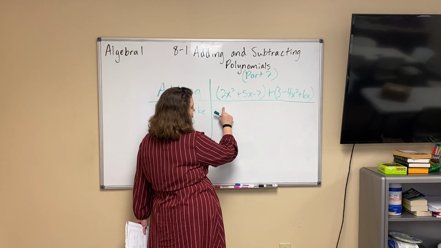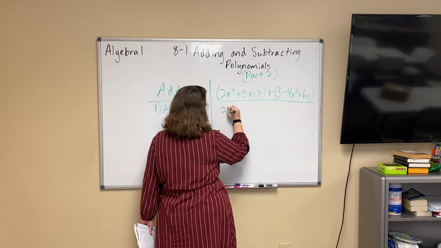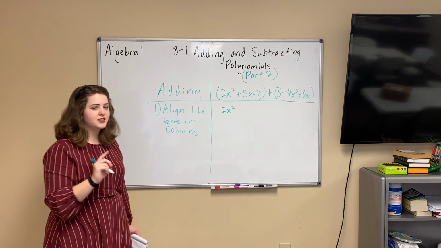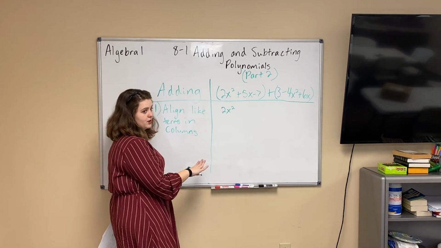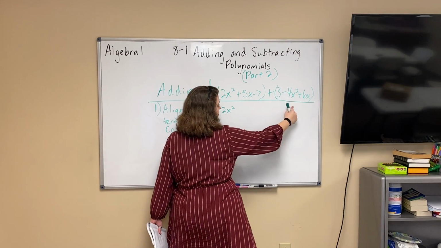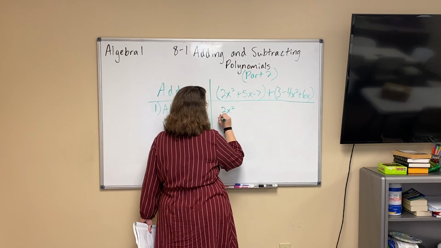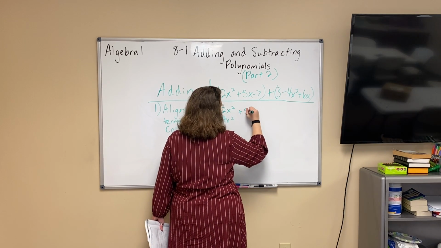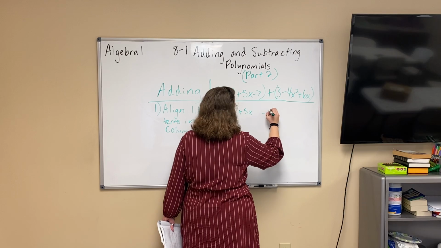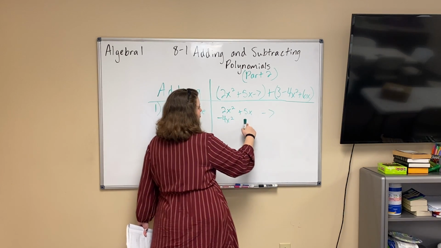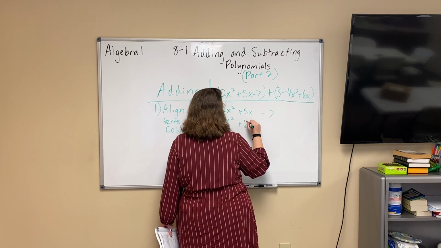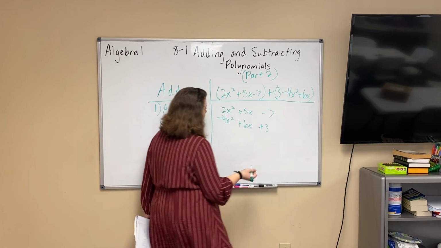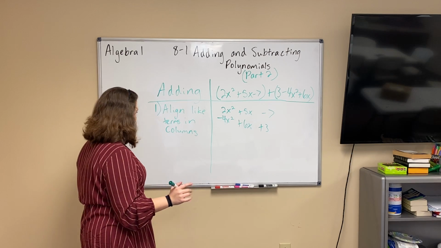So we're going to do 2x^2. Now we're going to find which term has the same degree as 2x^2. That's going to be negative 4x^2. Same here, plus 5x minus 7. Match 5x with 6x, minus 7 with plus 3. So we've aligned them over each other.